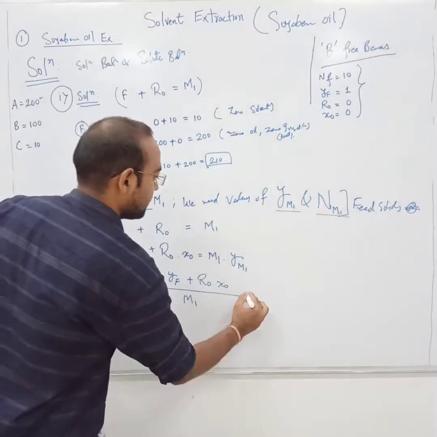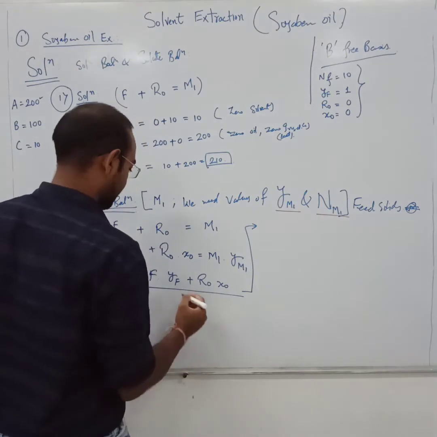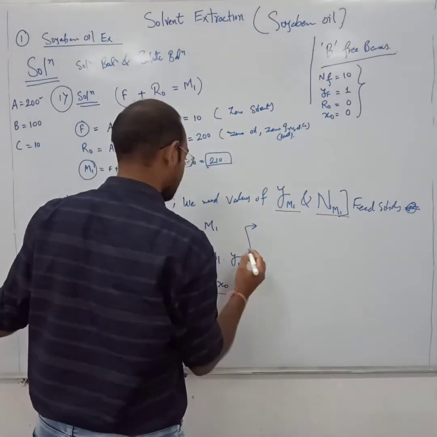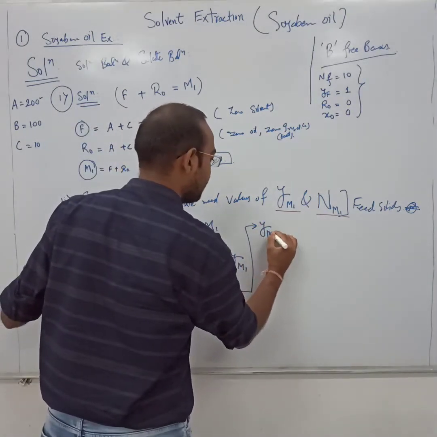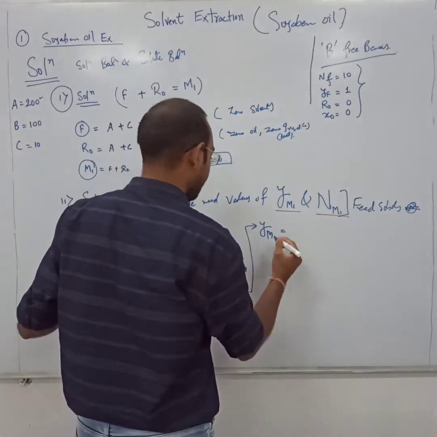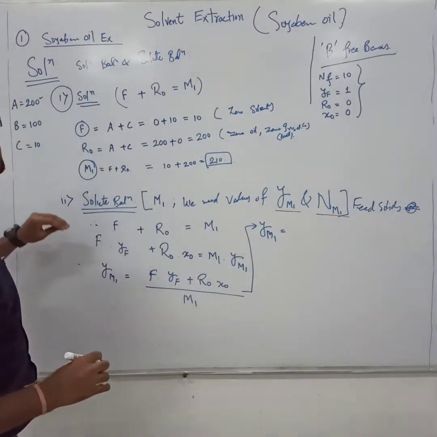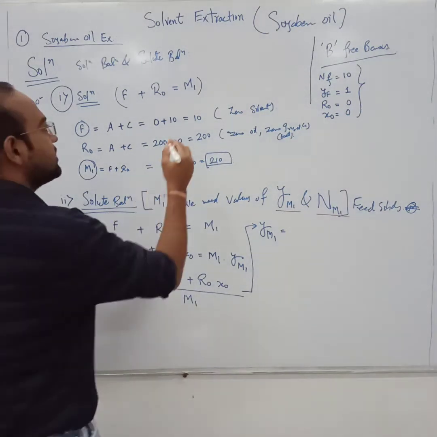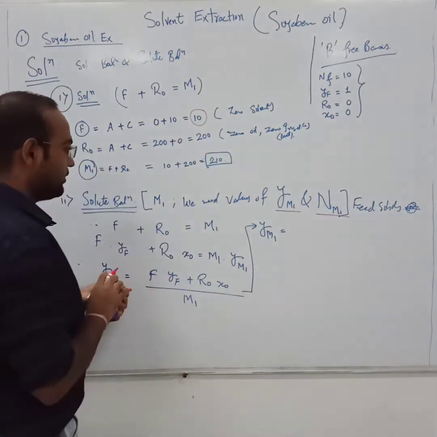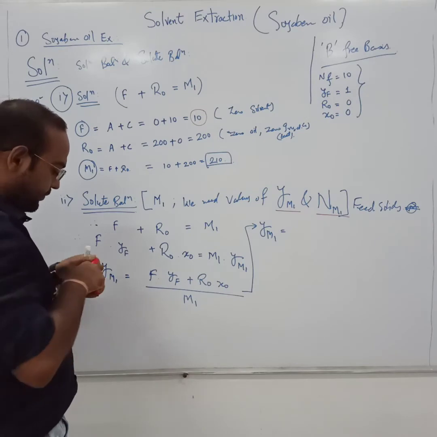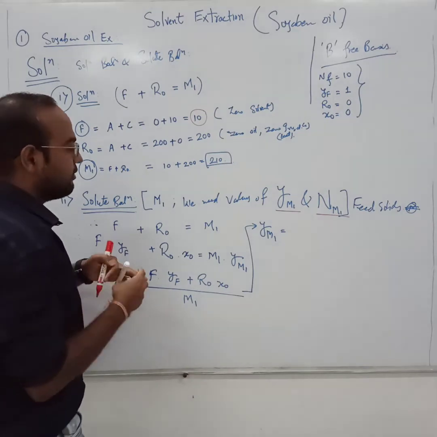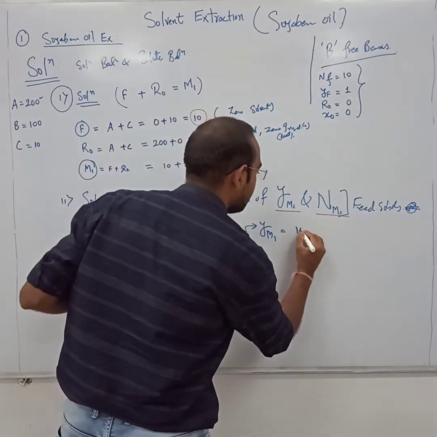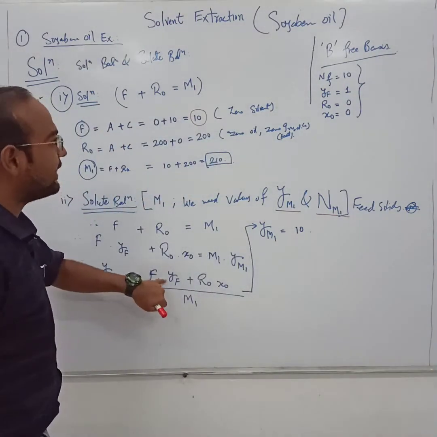Okay, I will solve it here. YM1 equals capital F, the value of F is 10, into the value of YF.